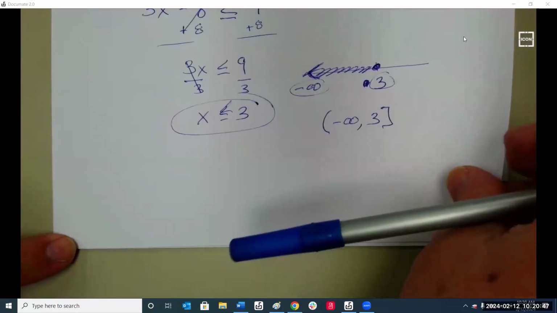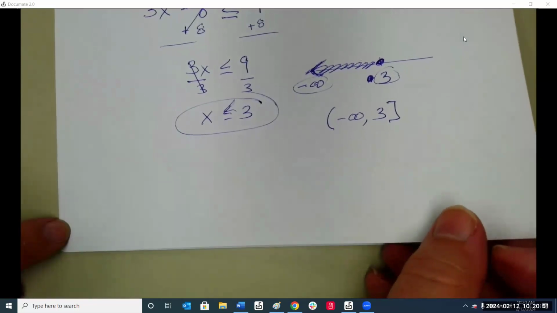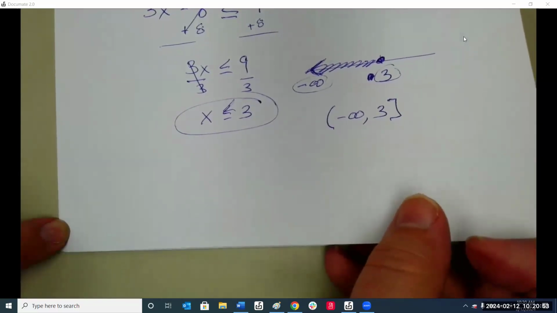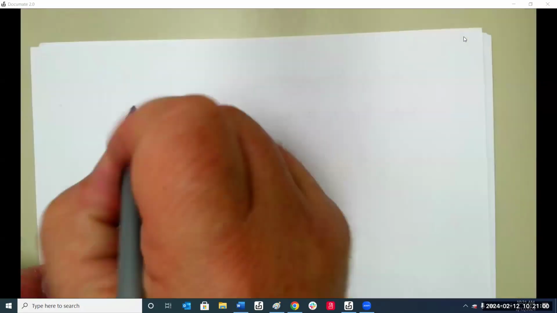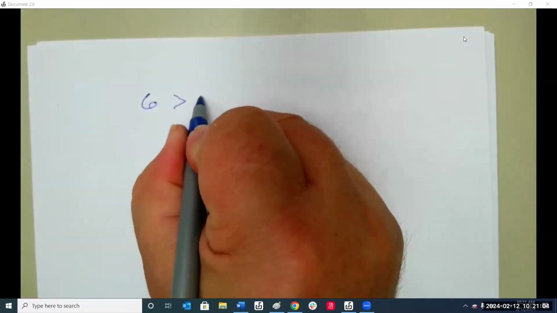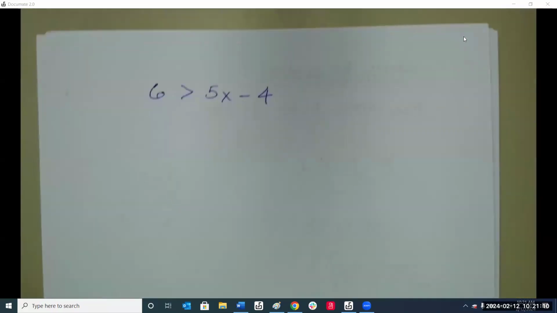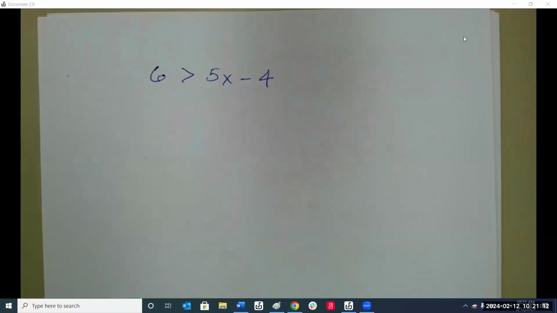Let's do some more. All right, solve this one and put it in the other two formats.